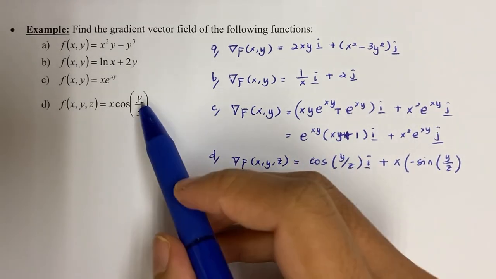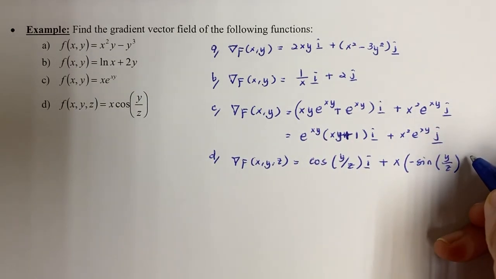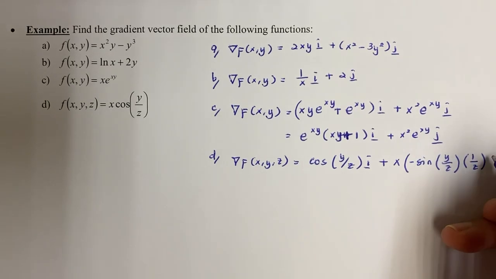And then for y, differentiate y, you have 1 over z for j.